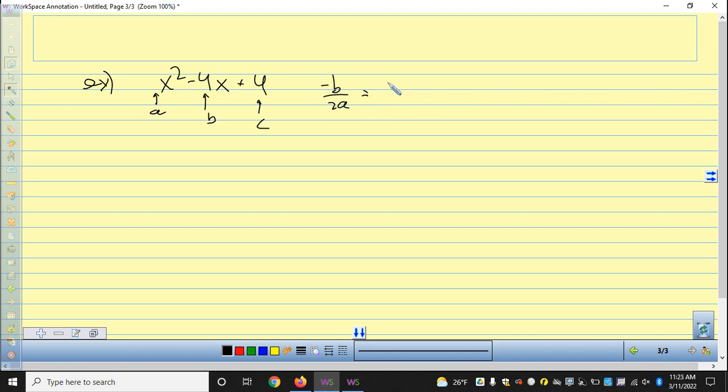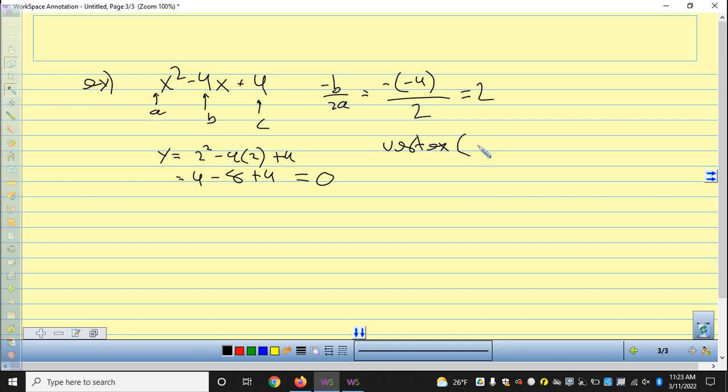Negative B over 2A is -4 over 2, which is 2. So that's the x-coordinate of my vertex. I plug that in. y equals 2 squared minus 4 times 2 plus 4, which is 4 minus 8 plus 4, which is 0. So my vertex, this is nice, is at 2, 0.